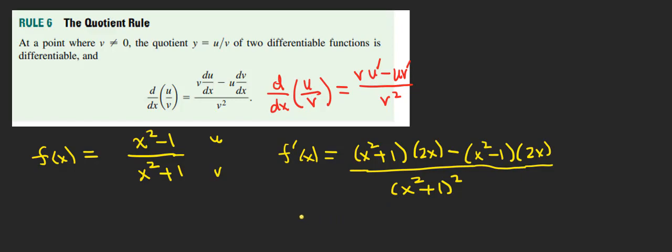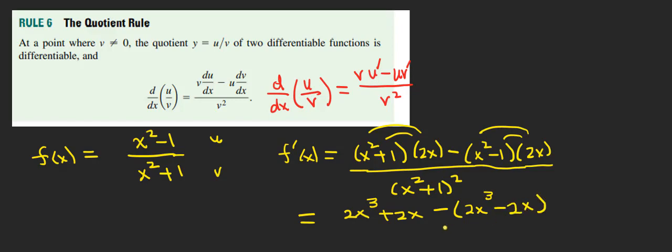Now all we got to do is clean this up. So you get 2x cubed plus 2x. I distributed 2x. And I got to distribute the 2x over here. Now don't forget there's a minus. There's a common mistake. Don't forget to distribute the negative later. So 2x cubed minus 2x all over quantity x squared plus 1.